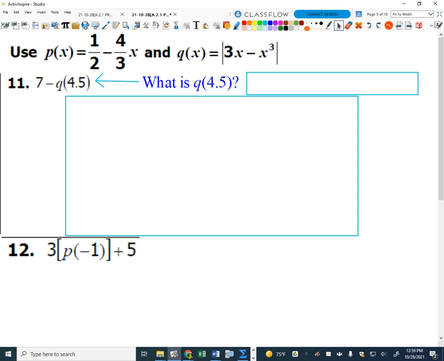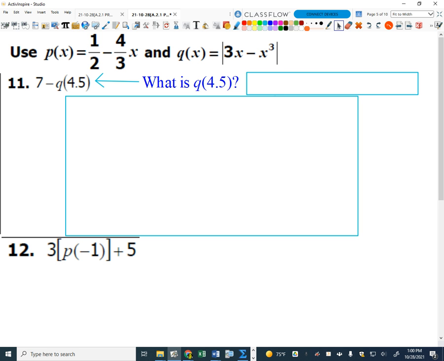Oh, okay, say it again? No, it's not times. Look, Q of x is a function, right? So when we see something like this, it does not mean Q times 4.5. It means Q of 4.5. It's part of an ordered pair, isn't it?